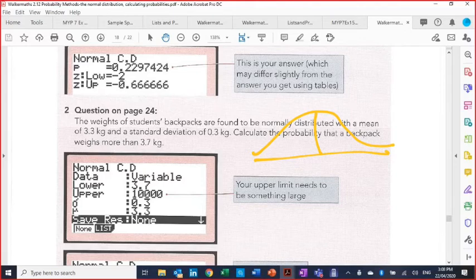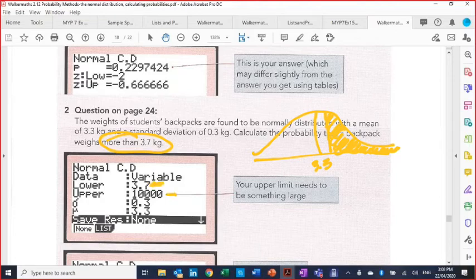Okay, our mean is 3.3. We're measuring at 3.7, so 3.7 is over here, and the data we're looking for is on this side to the right and goes on to the right forever. And we know that because it says more than 3.7 kilograms. So 3.7 is our lower limit.